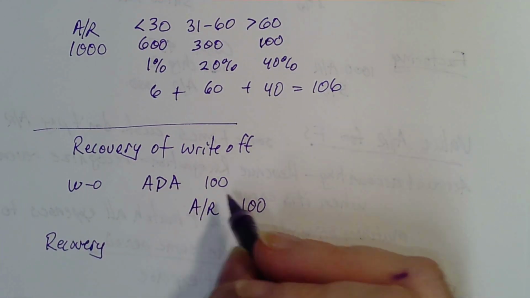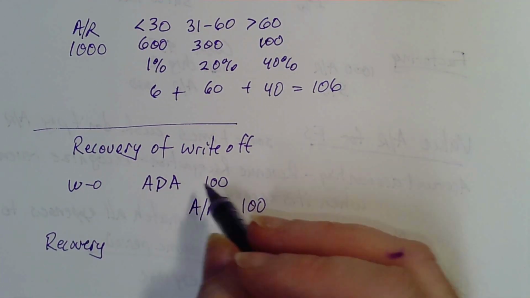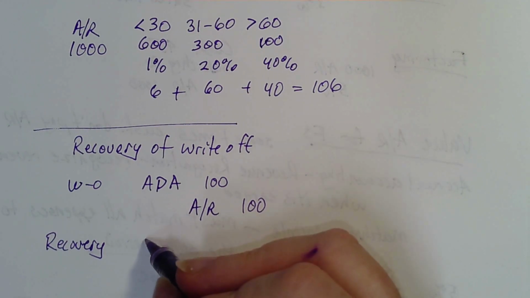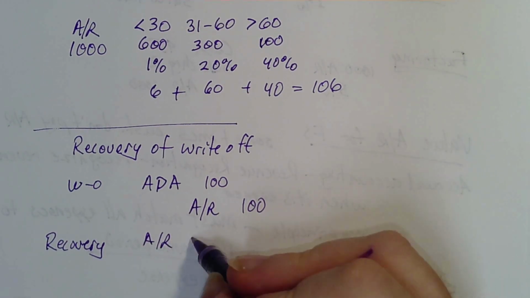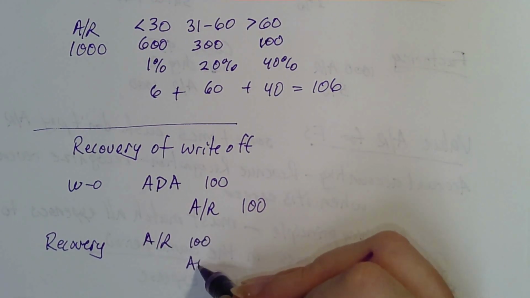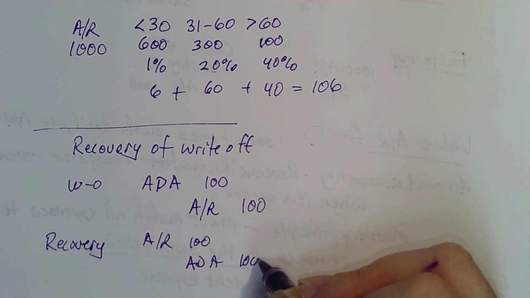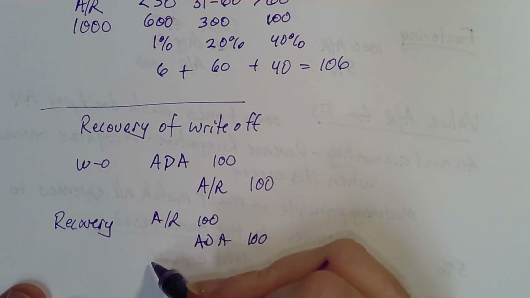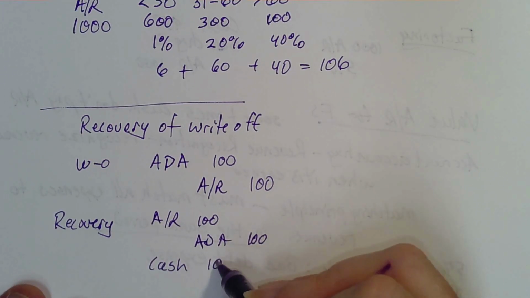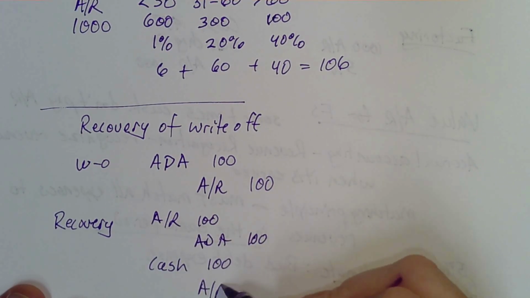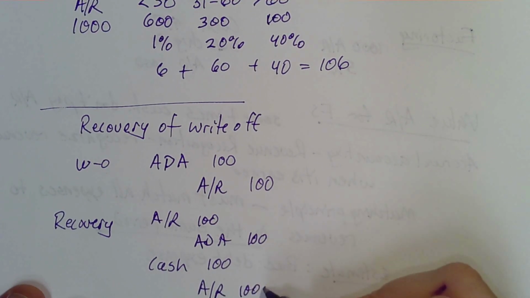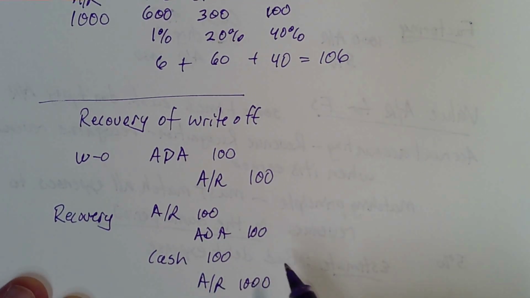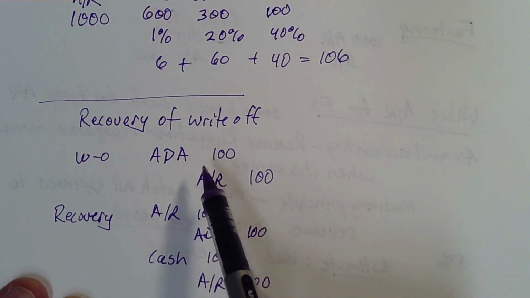We have to reverse this: put it back into AR and put it back into ADA. And then because they're offering to pay it off, we collect the cash: cash 100 and then AR. We get rid of the AR because we collected the cash rather than because we're writing it off.